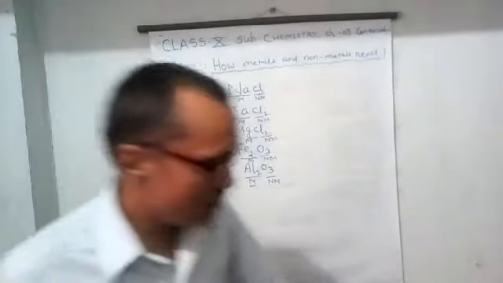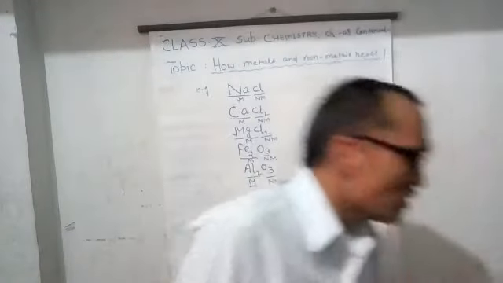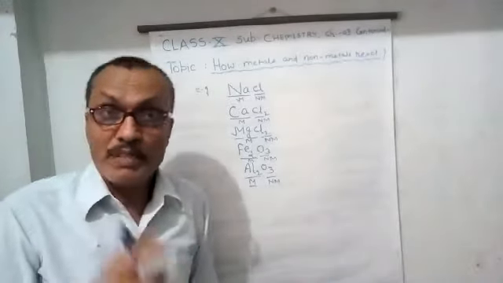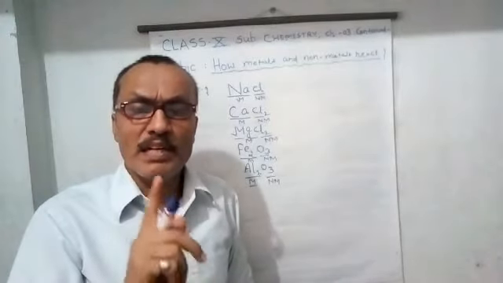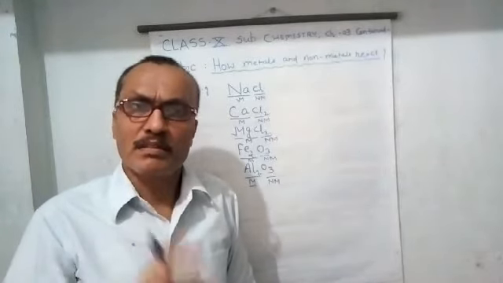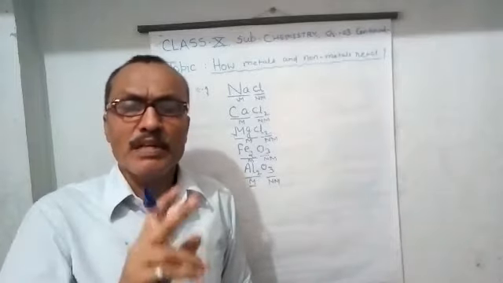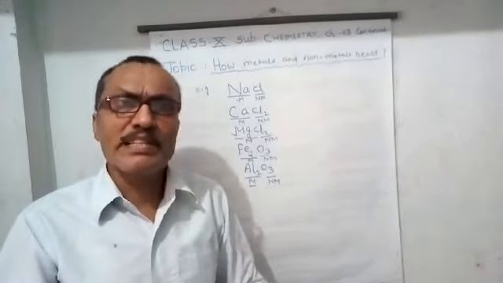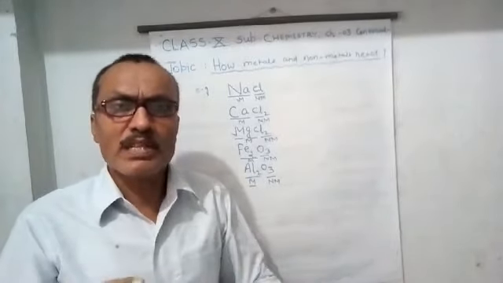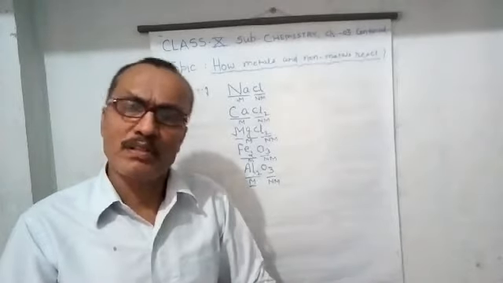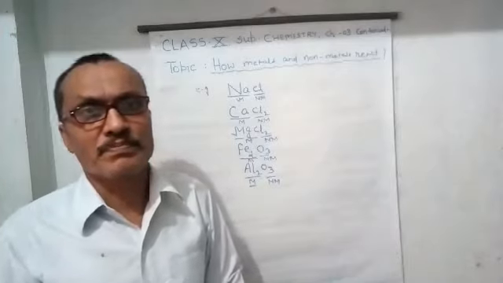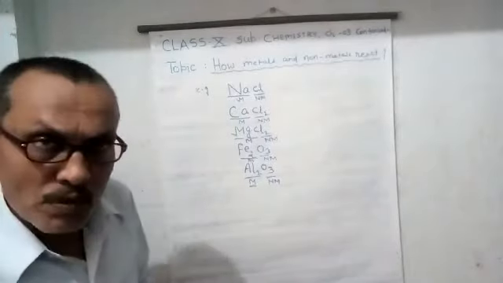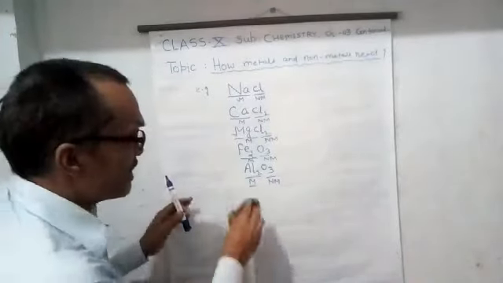So students, first of all, my question for you is: why do elements combine? Why do two elements react together? What is the reason behind that reaction? Can you tell me what is the reason behind it?